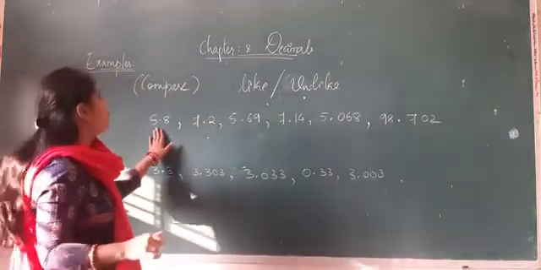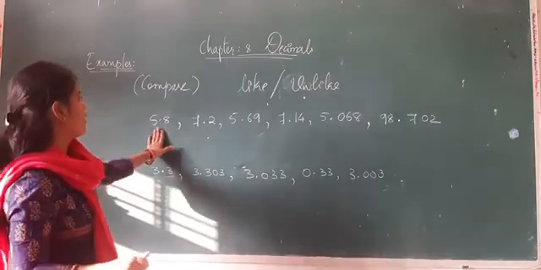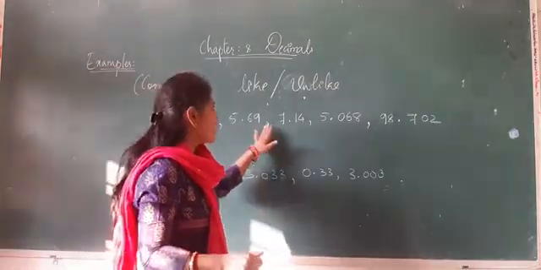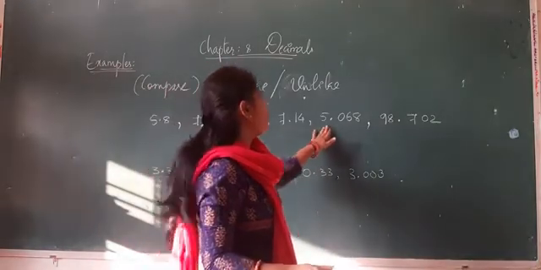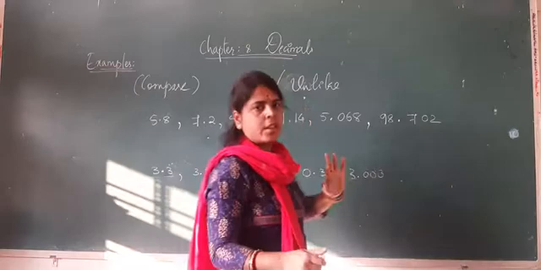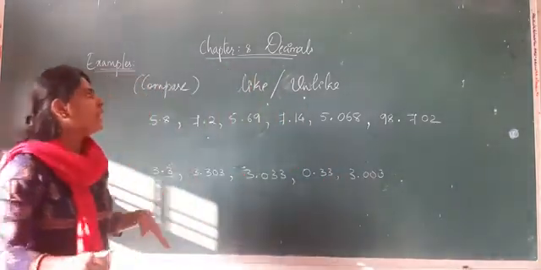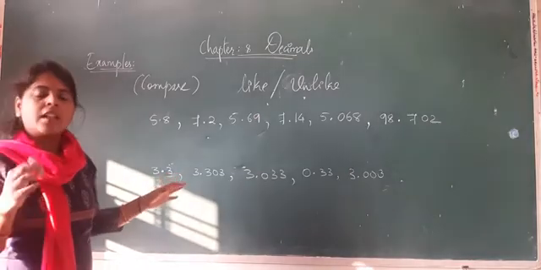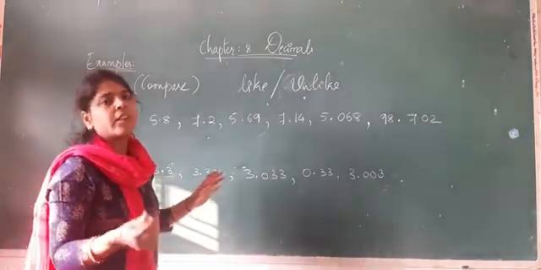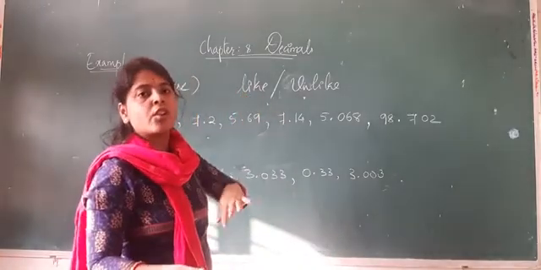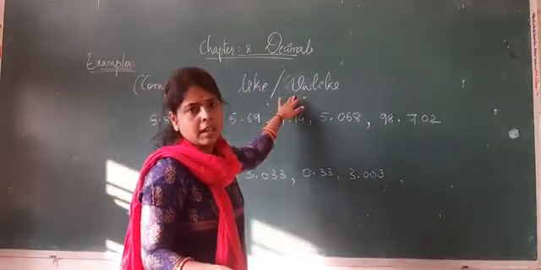Now you can see the examples I have taken: 5.8, 7.2, 5.69, 7.14, 5.068, 98.702. Here, how are these differentiated as like? In fractions, when the denominators are the same, those are like. When the denominators are not the same, those are unlike.